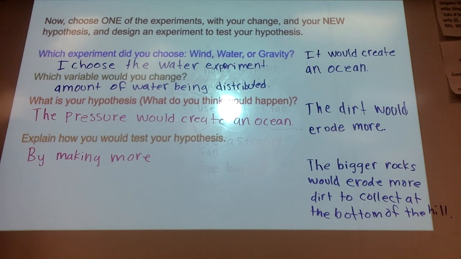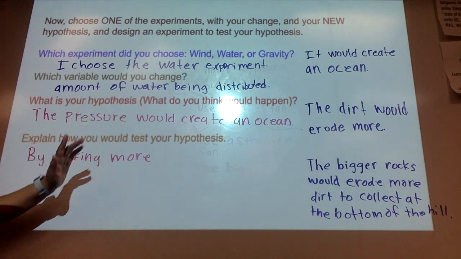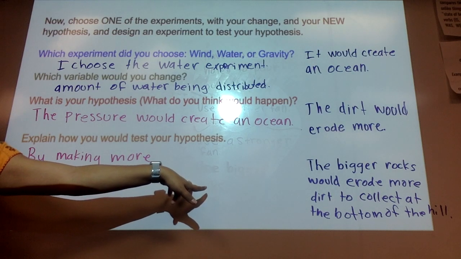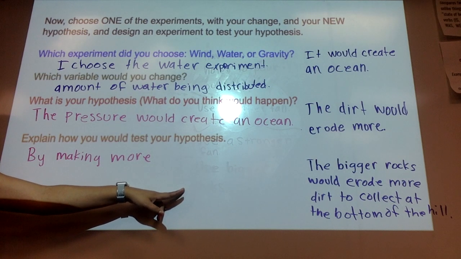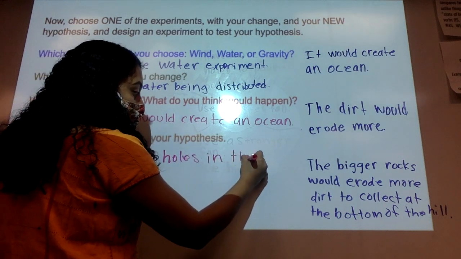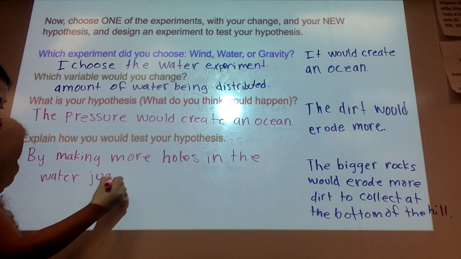By doing what the experiment instructions tell us. But you're changing one thing, so those instructions don't have the one thing that you changed. Exactly. So explain that. So how are we going to test the amount of water being distributed? By making more holes in the water jug. Period.